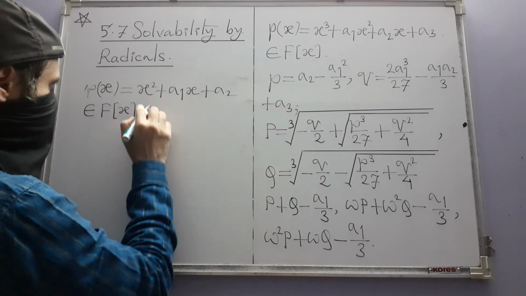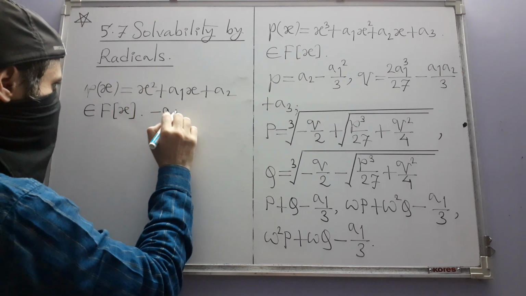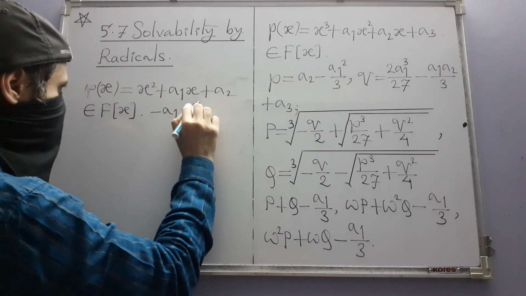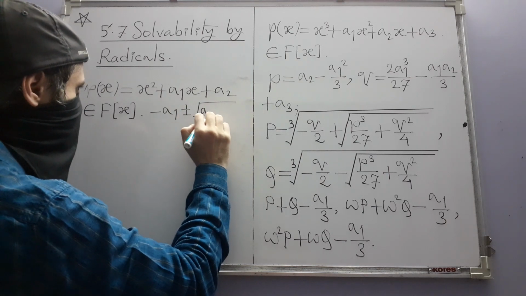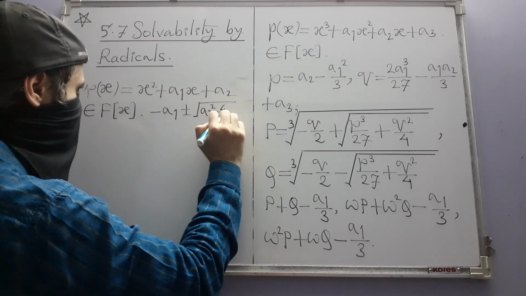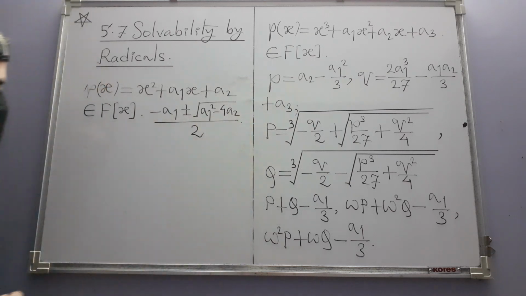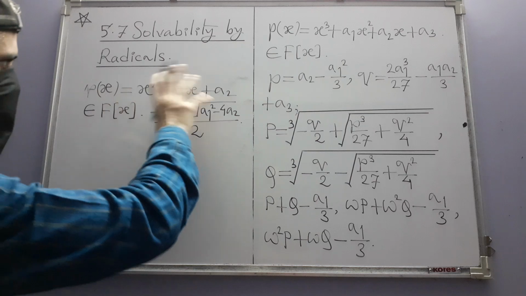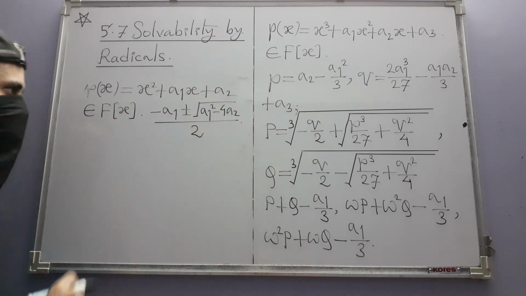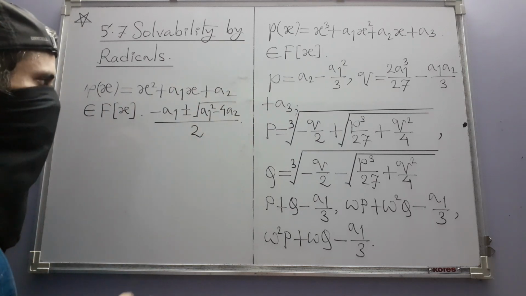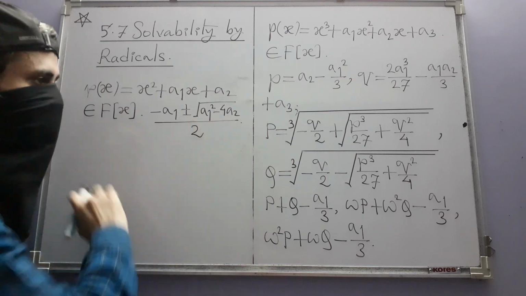So the two roots will be this, again like before, minus a1 plus or minus square root of a1 square minus 4a2, divided by 2.